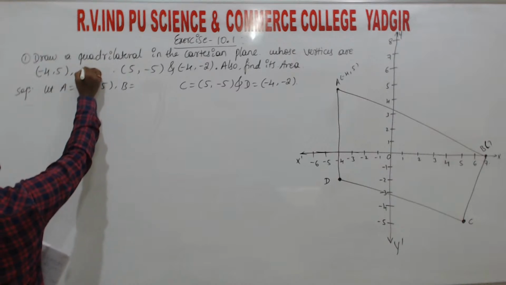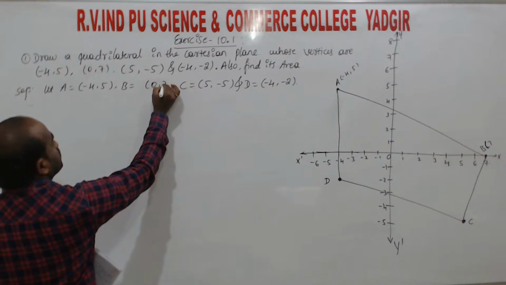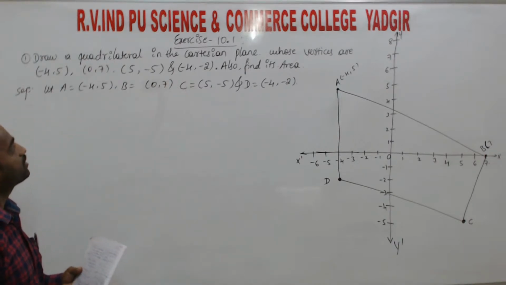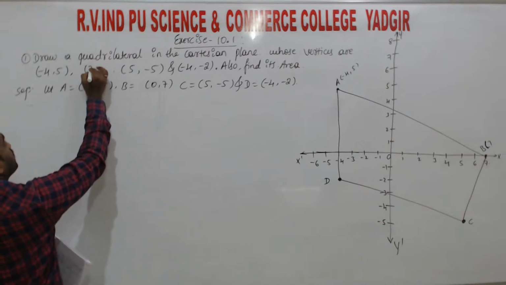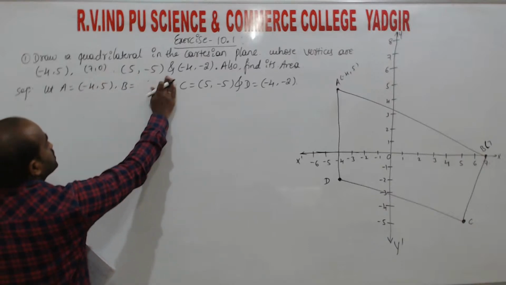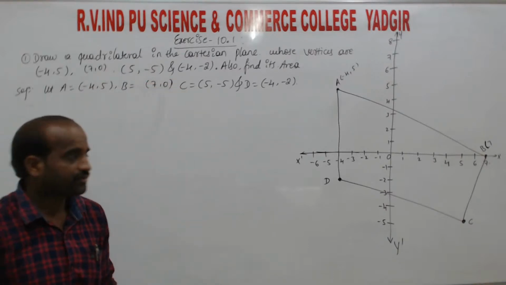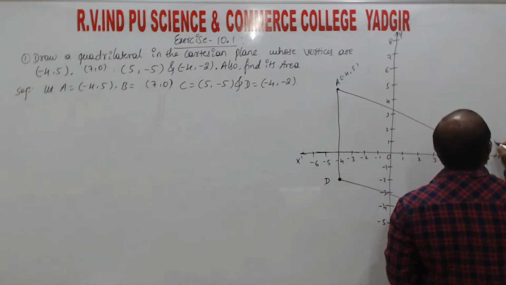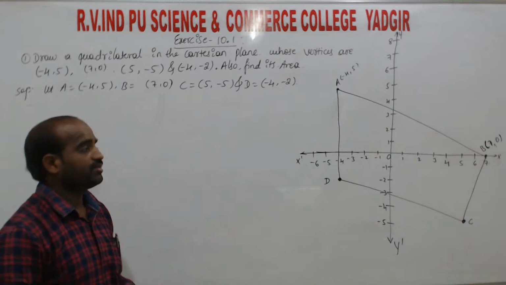Check it. B point is 0 comma 7. This one has x coordinate 7 comma 0. On the x axis, 7, the y coordinate is 0. Okay, B point 7 comma 0.